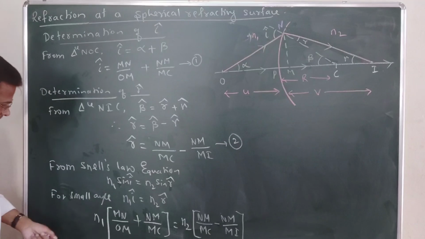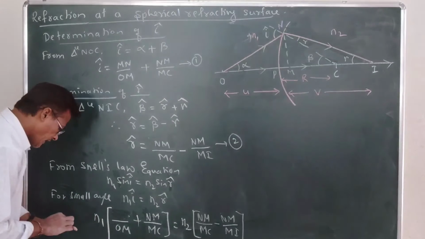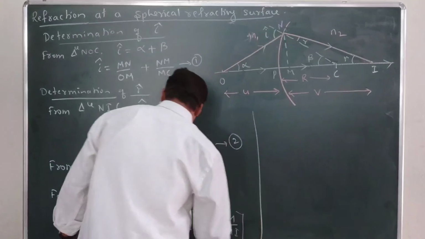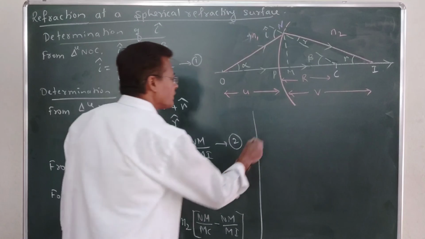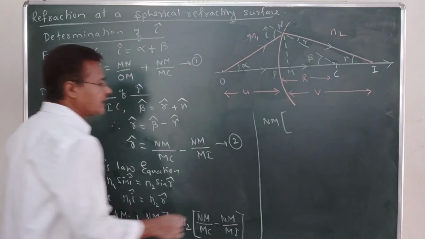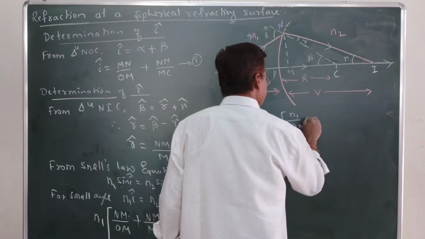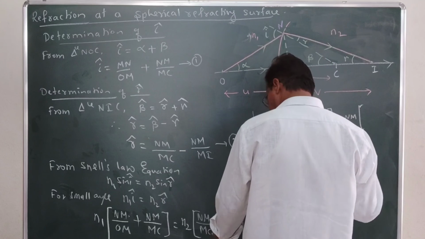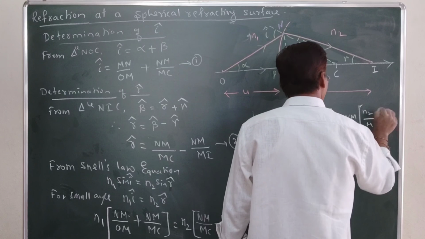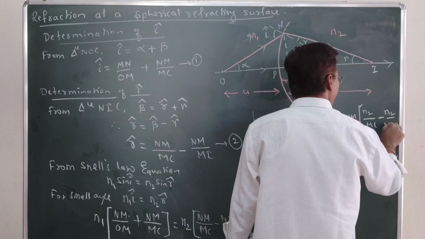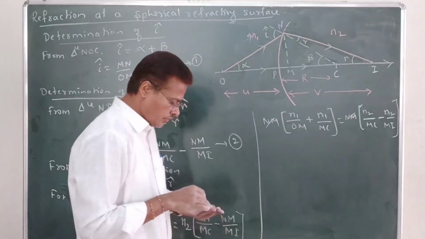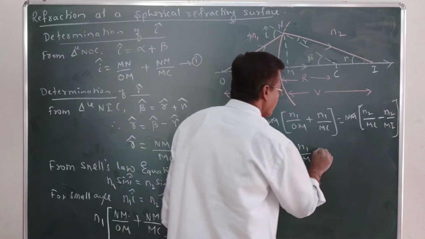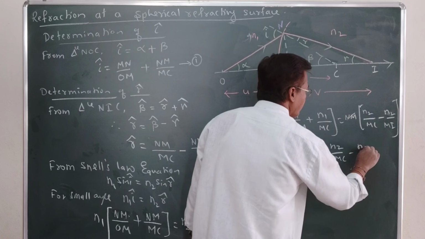Here Nm is common, so we will remove the Nm and take it outside the bracket, and Nm gets cancelled. So inside, N1 by OM plus N1 by MC equals N2 by MC minus N2 by MI.